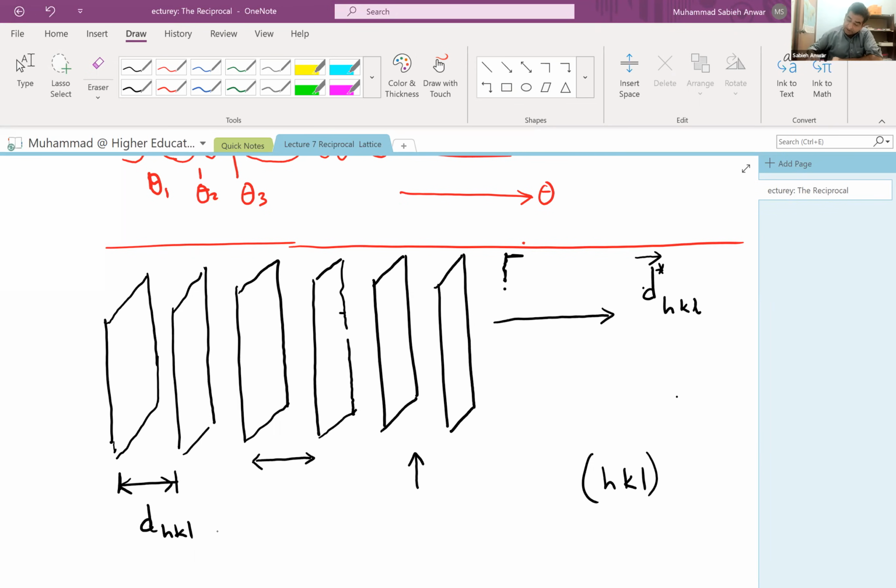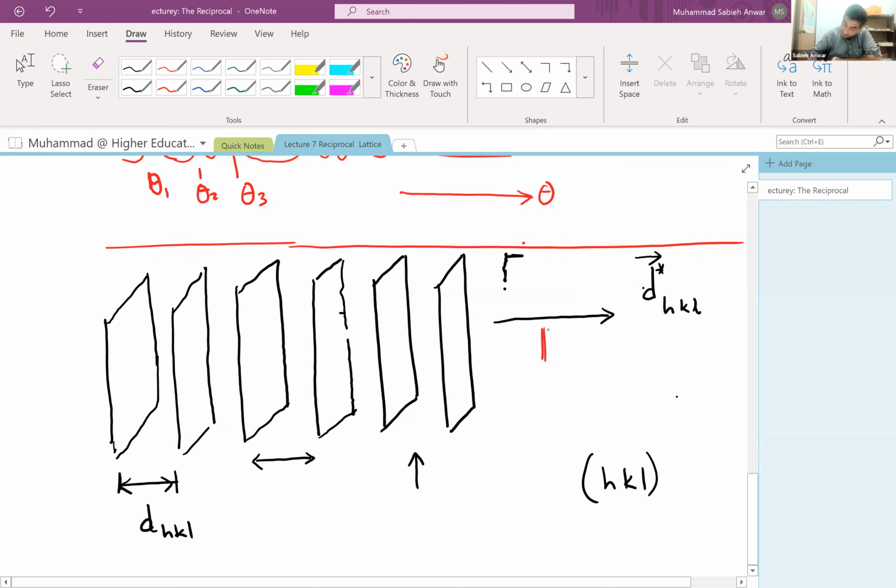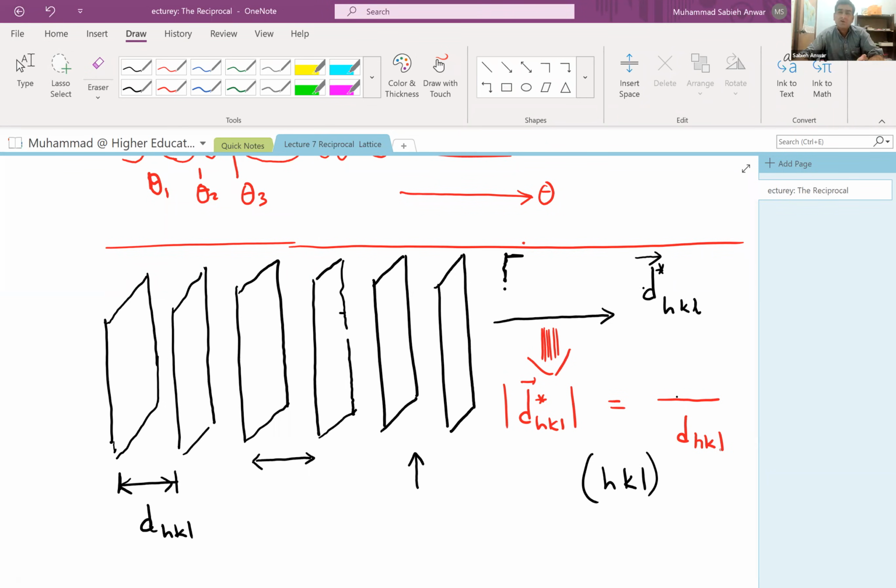Now, the concept of reciprocal lattice is that this vector that I've drawn over here has a particular direction and it has a particular magnitude. The magnitude of this vector is some constant divided by the interplanar spacing. So the interplanar spacing comes in the inverse position as far as the length of the vector is concerned.